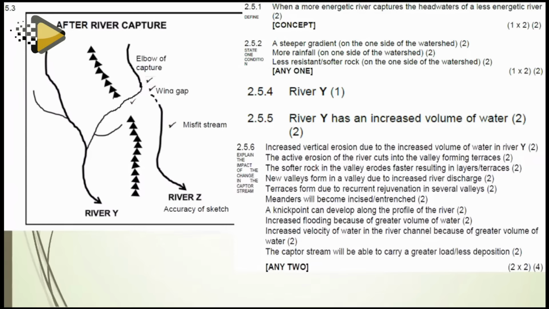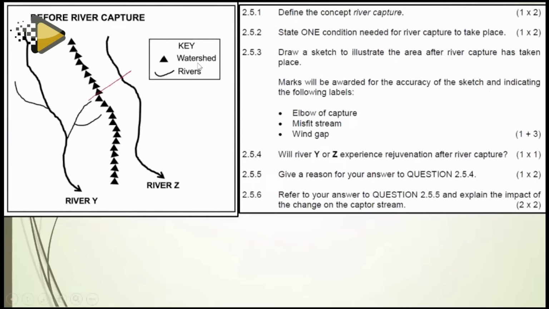And now you must also be able to answer these questions. Will river Y or river Z experience rejuvenation? What is rejuvenation? It is when the river renews its erosive ability, or when a river begins to erode vertically again.